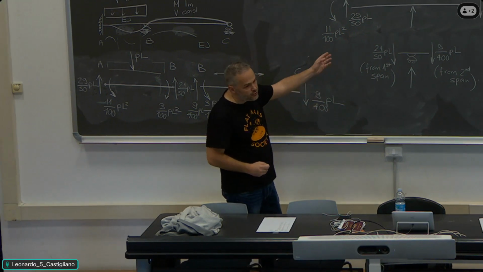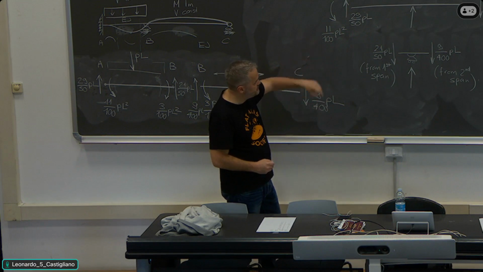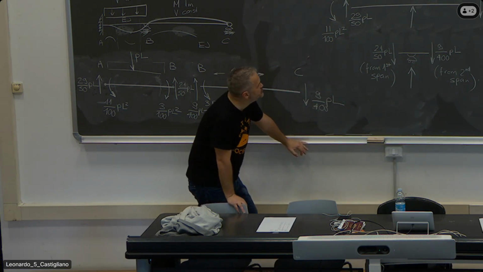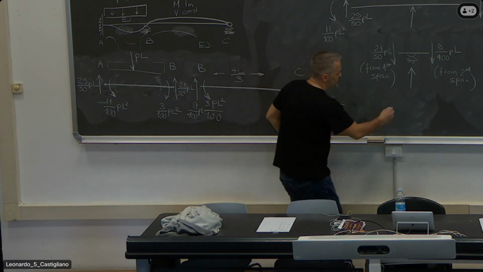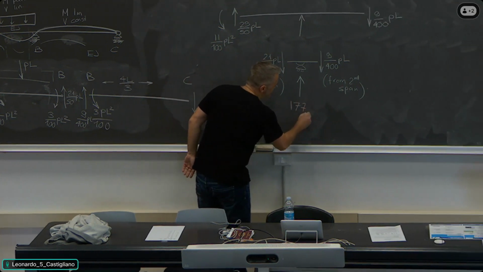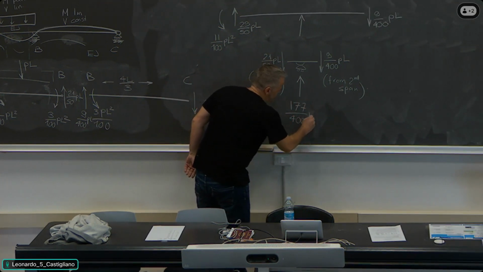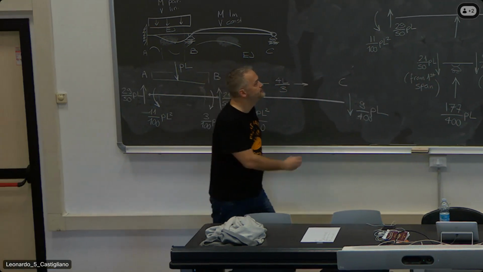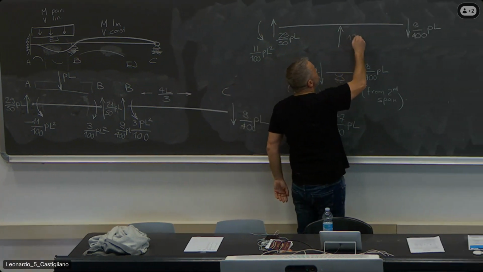The sum of the two. Upwards. 21 over 50 is what? It's 8 times 20, 160, 168, plus 9, 177 divided by 400 PL. And that's the restraint force.